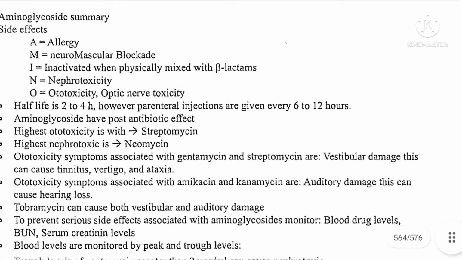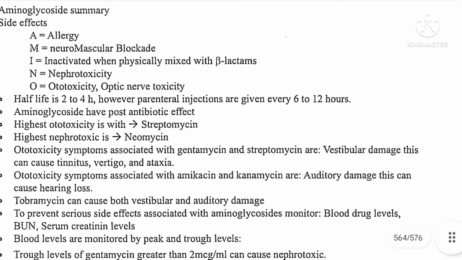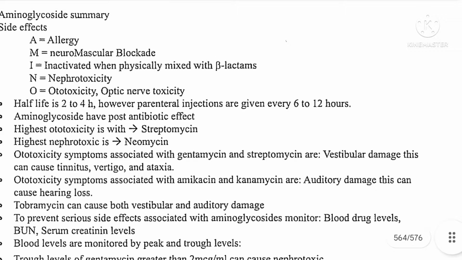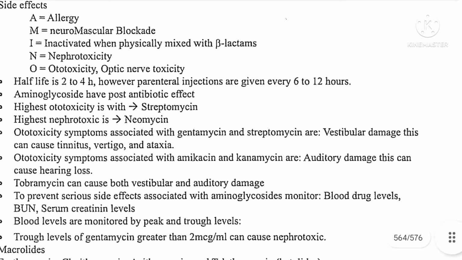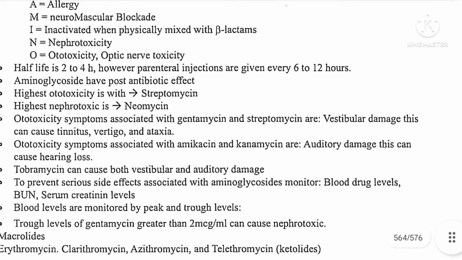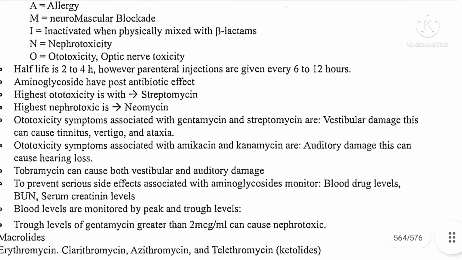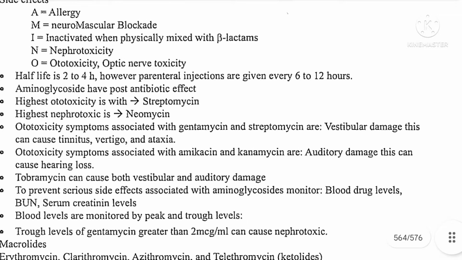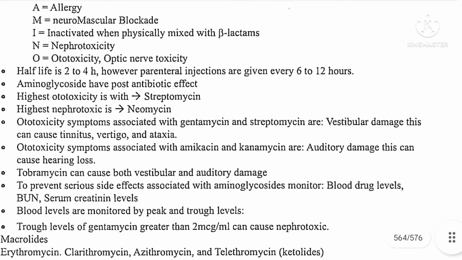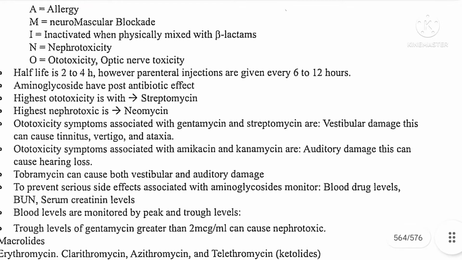A is allergy, M is neuromuscular blockade, I is inactivated when physically mixed with beta lactam, N is nephrotoxic, and O is ototoxic or optic nerve toxicity. When I ask what is an important adverse effect of the aminoglycosides, they are nephrotoxicity and ototoxicity. The major side effect of vancomycin is Red man syndrome.